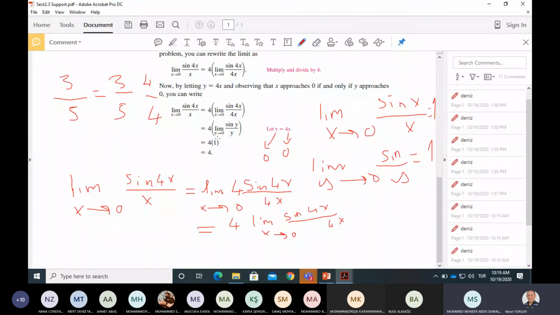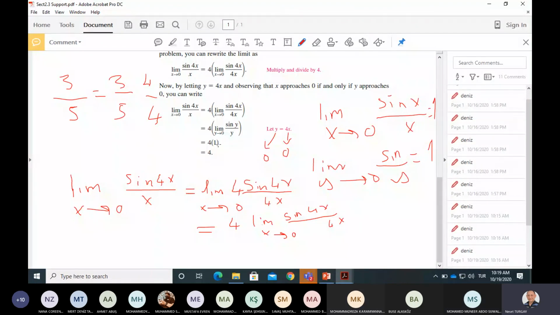So that means y also goes to 0. So you can change this in this way. Variable changing: we said 4x is y.